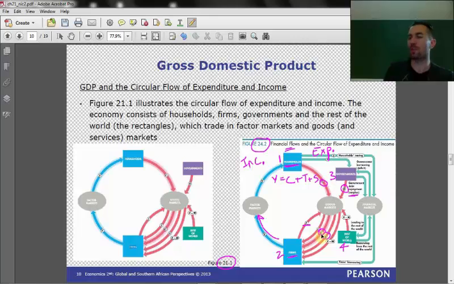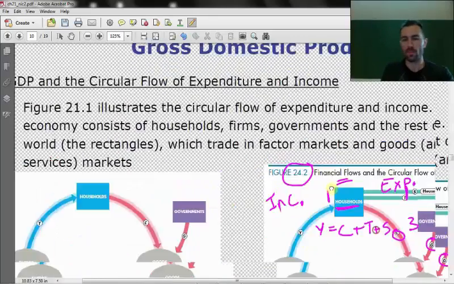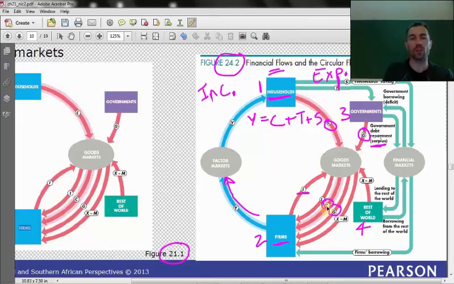Household consumption expenditure. Government expenditure. Firm expenditure. Expenditure from the rest of the world. So if we want to measure GDP, we add up all those different expenditure components, we're going to have the value of GDP. If we're using the income approach, where did income go to? Consumption, expenditure, taxes, savings, right?